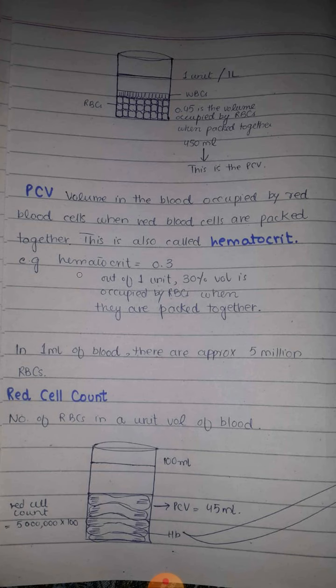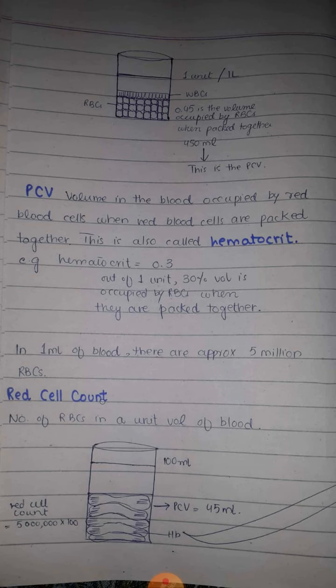Now let us consider another example in which we have 1 liter of blood, and out of this 1 liter, 300 ml or 30% is occupied by the RBCs when they are packed together. So here we have the packed cell volume of 30% or 300 ml. Okay, so this is the packed cell volume.